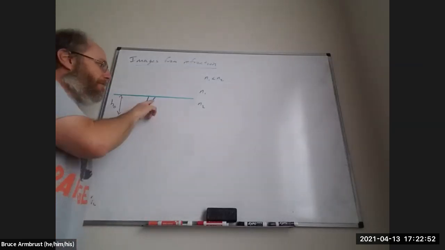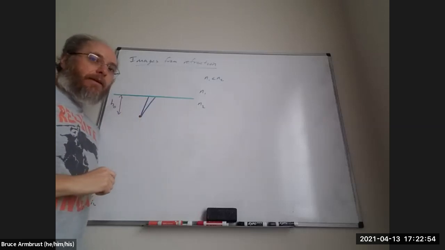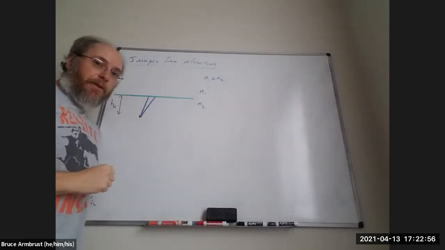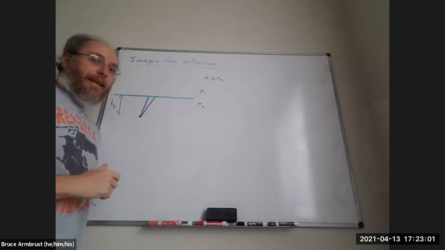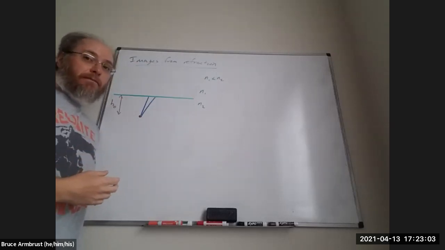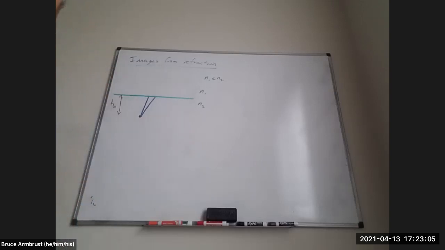All right, so what's going to happen when they bend? Are they going to bend further away from perpendicular or closer to perpendicular? Is theta going to get bigger or smaller? We're looking at it from outside the water, correct?